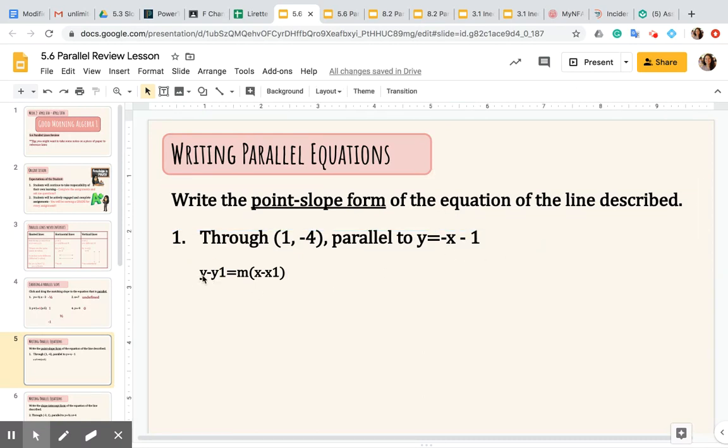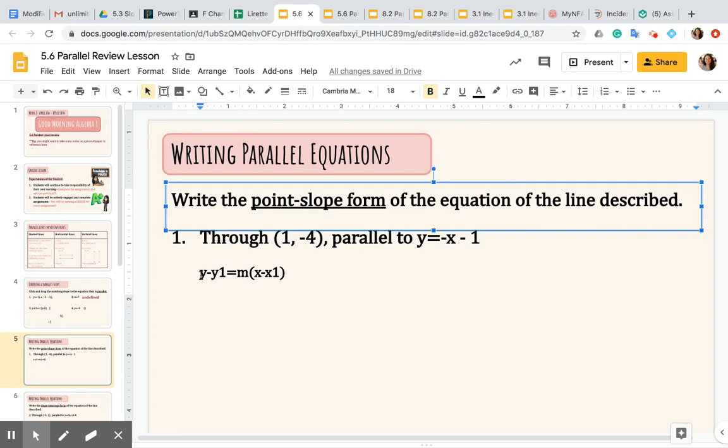This y, this first one, is going to stay a variable. This y1 is going to be the y value from my point, okay? This is my slope. This first x is going to stay a variable. This x1 comes from the x value in my point, okay? So I have an x1 and I have a y1.